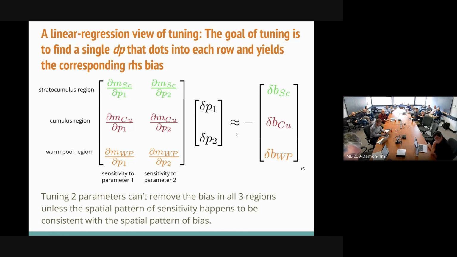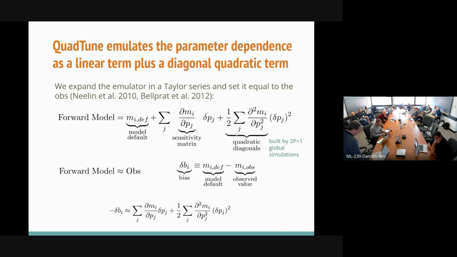The first row gives you the sensitivity of that region to 2 different parameters. And we want to find parameter values such that when we dot that into the first row, we get the bias here, and that will remove the bias. We want to do that for each row, for each different region. But of course, if we have more regions than we do parameters, we can't fit everything. Okay, so that's what we're doing.